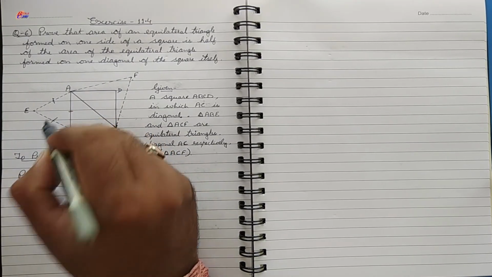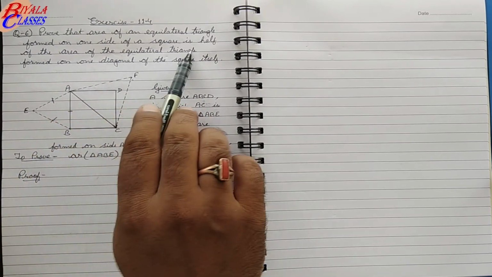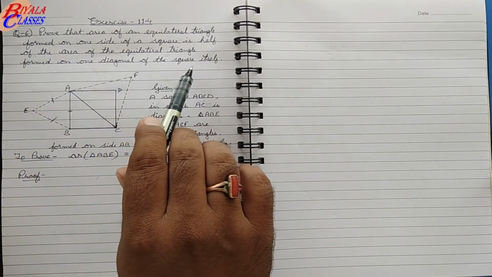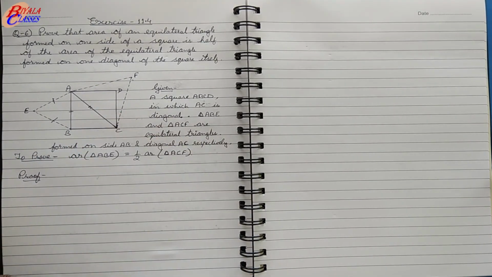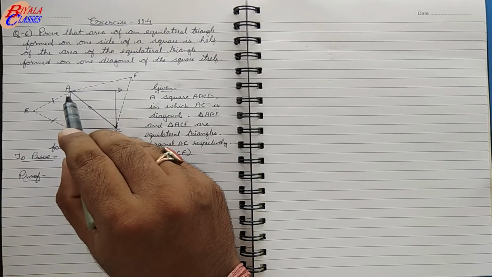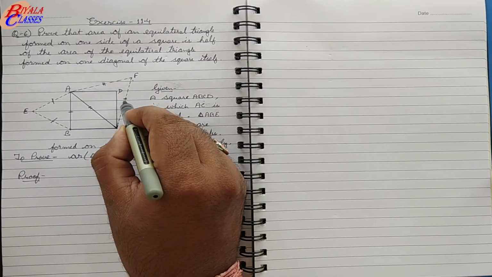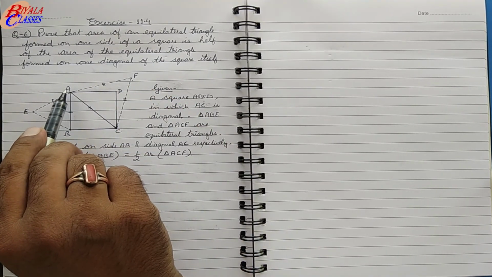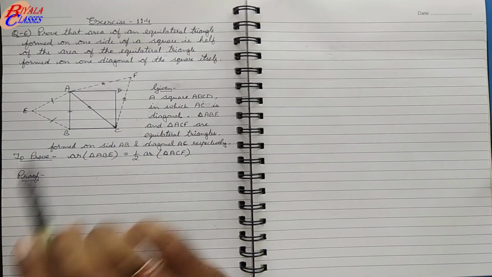So these three sides are equal, and there is another equilateral triangle formed on one diagonal of the square. So this is the diagonal of the square AC, and there is an equilateral triangle which is formed on this diagonal also. So let's take that triangle ACF. This is the second equilateral triangle on the diagonal.